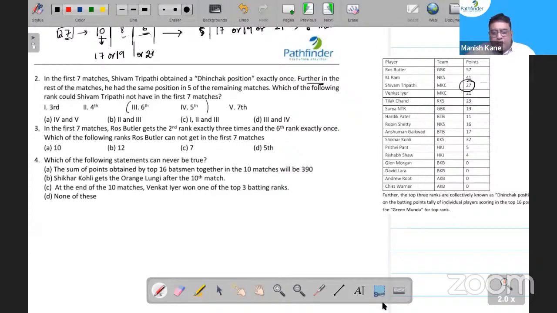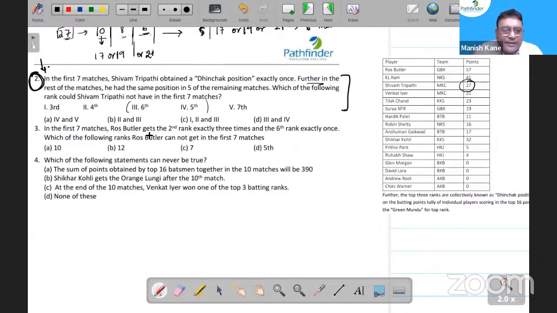But even 7th can be obtained. That is what we have just seen. Right? So I admit there is some problem in this question. I will rectify this and come back to you in the next class on this question. Okay, do not worry. There is a mistake here.